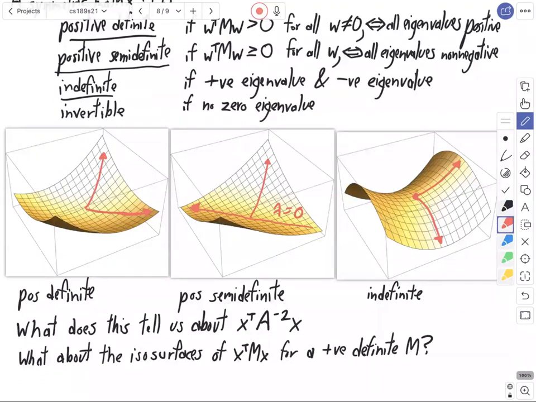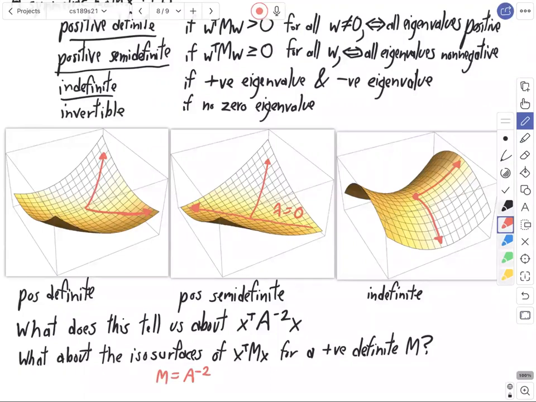So like if we're in this situation where we're setting M equal to A to the minus 2 for some matrix A, we can flip that around. If someone gives us a matrix M and we want to understand its isocontours, then it's really this matrix A that gives us a clear understanding of those isocontours, that tells us the axes and the radii of the ellipses.